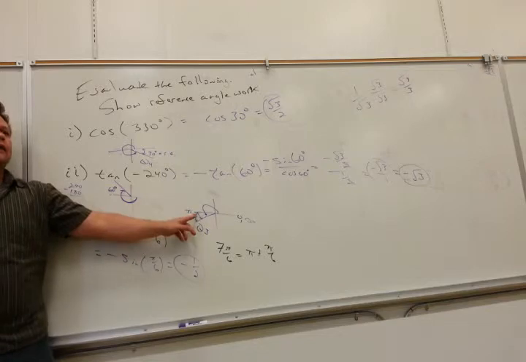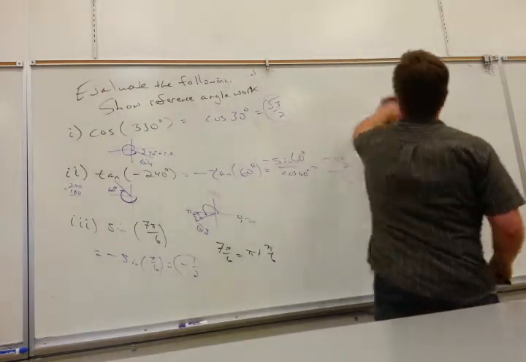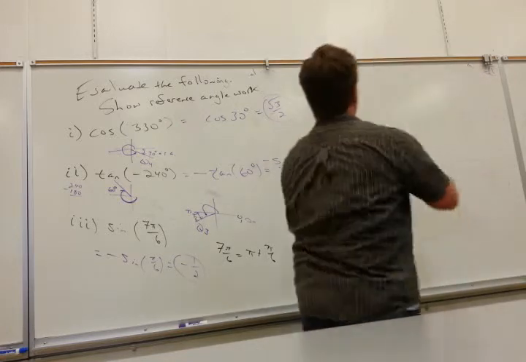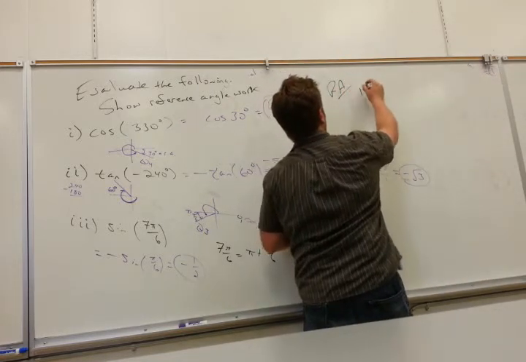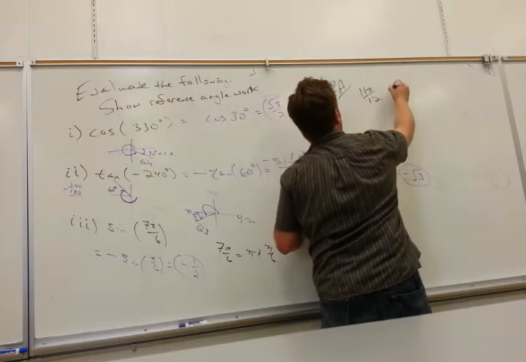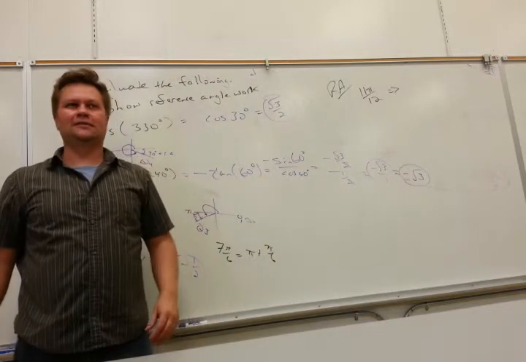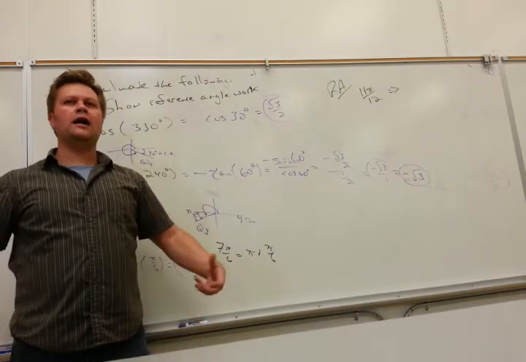So when I'm talking about radians, let's try some more radians out. What would the reference angle be for 11 pi over 12? How close is that to a full pi?